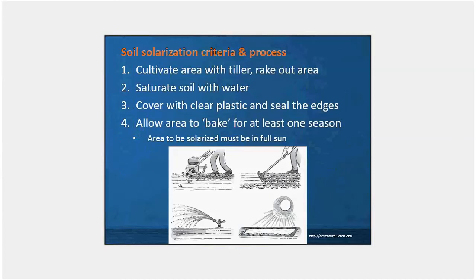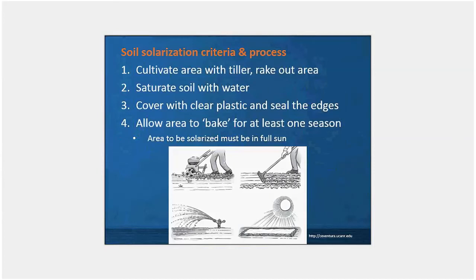By that I mean you really want to smooth the surface and make sure it's at the final grade that you want, because once you solarize the soil, you don't want to take the plastic off and then till it again, which will expose dormant weed seeds a little bit deeper down in the soil, and now you still have the same problem that you started out with.